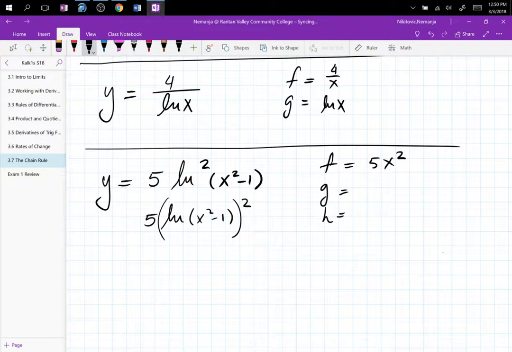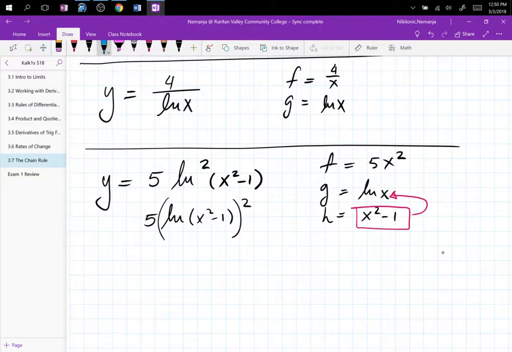Now we dig the level in. What's the level in? ln x, very good. And what's the next level in? x squared minus 1. All right, do we all see? We take this and plug it in there, and we take this and plug it in there.